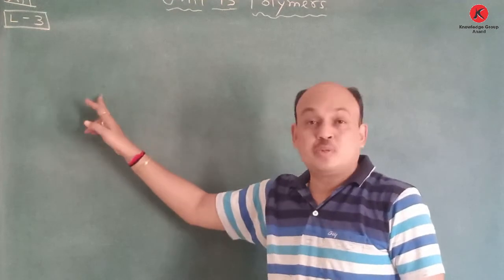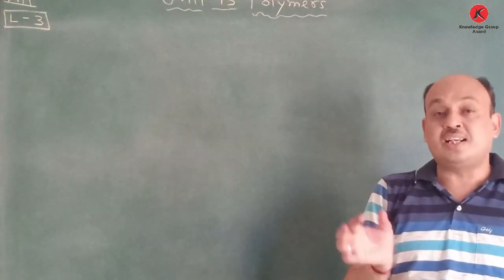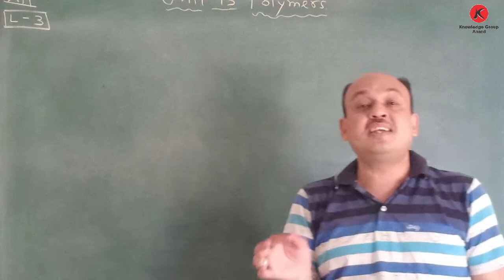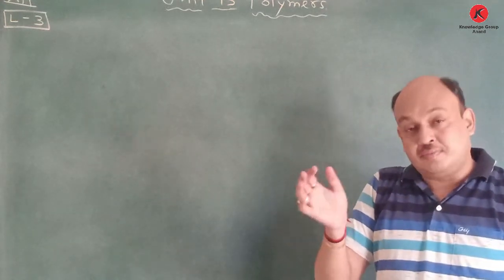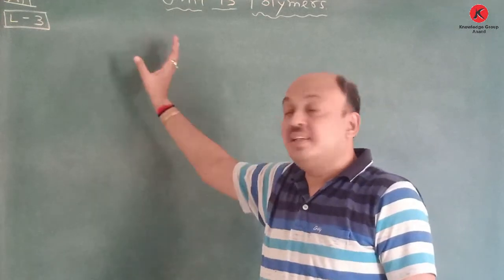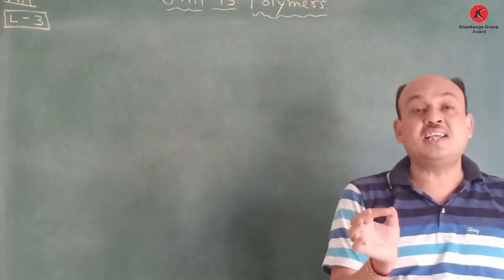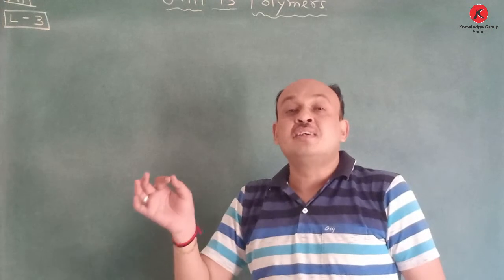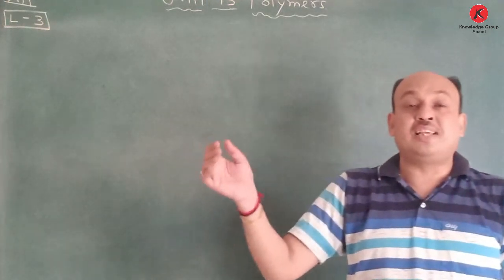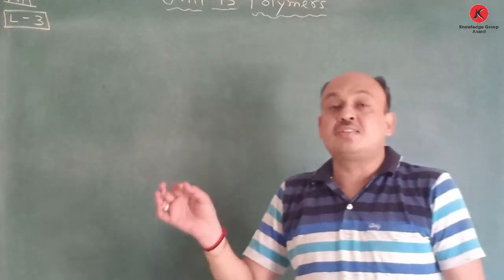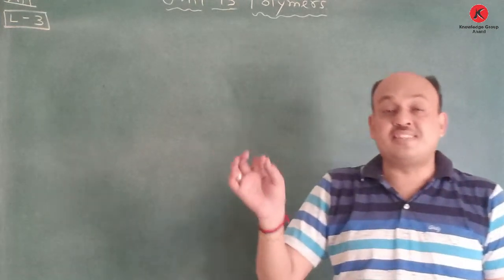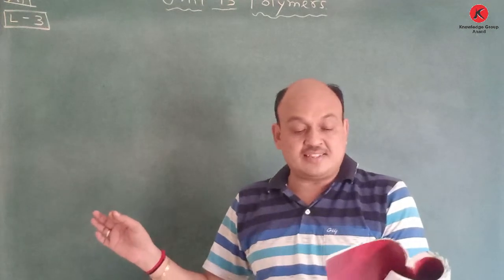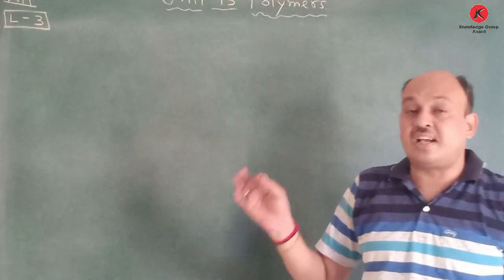Remember, if the monomer is only one, it is considered a homopolymer, but if there are two different monomers, it is considered a copolymer. Buna S is a copolymer, with one monomer buta-1,3-diene and the other styrene. When these two undergo polymerization, the double bonds shift, and we get the product Buna S, also called butadiene styrene copolymer.